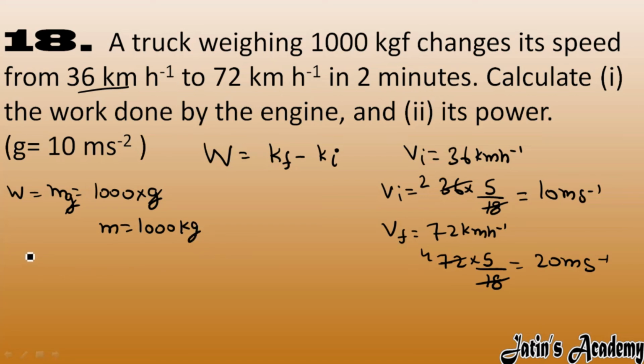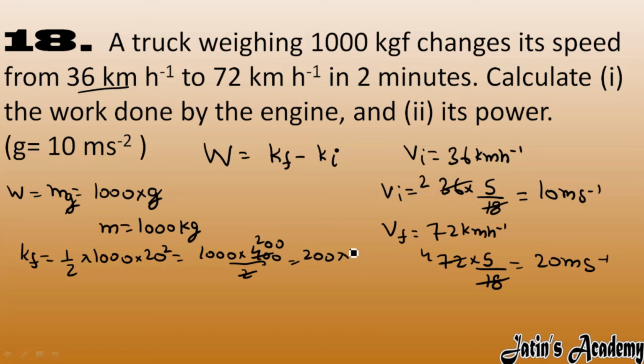Now let's calculate the energies. Final kinetic energy we have half, mass we have 1000, and final velocity we have 20 square. 20 square we got as 400 over 2, which is 200 into 10 raised to power 3 joule, which is also called 200 kilojoule. I am directly writing it as 200 kilojoule.